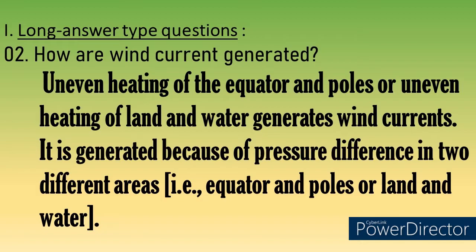So the uneven heating of the equator and the poles. Here we are not talking about a particular area. We are talking about the equatorial region and the polar regions, that is the north pole and south pole of the earth. You come across more temperature, more heating in the equator. We have already learned, because of the shape of our earth, the equatorial region is nearer to the sun compared to the polar regions, and because of that there is more heat experienced in the equatorial region than the polar regions.